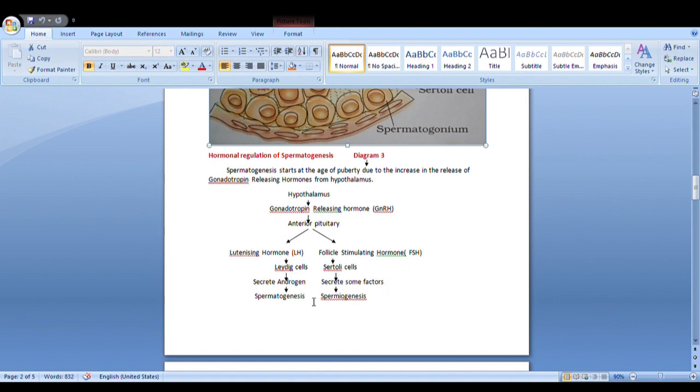The main hormones involved in this process are gonadotropin releasing hormone or GnRH, then luteinizing hormone LH, and follicle stimulating hormone FSH. Gonadotropin releasing hormone is secreted from hypothalamus, and LH and FSH are secreted from anterior pituitary lobe.